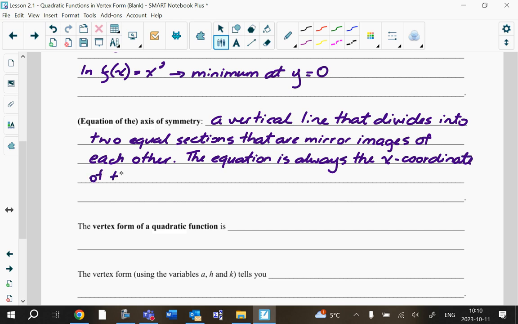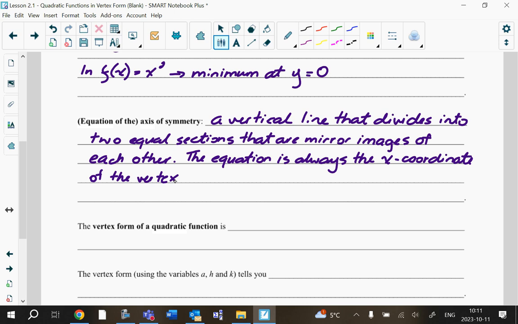Just like the minimum or maximum is the y coordinate of the vertex, the equation of the axis of symmetry is the x coordinate of the vertex. So if you know the vertex, and if you know whether it opens up or down, you can find a whole bunch of other properties.